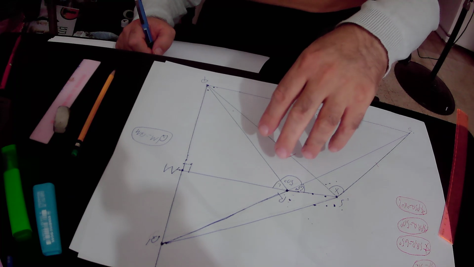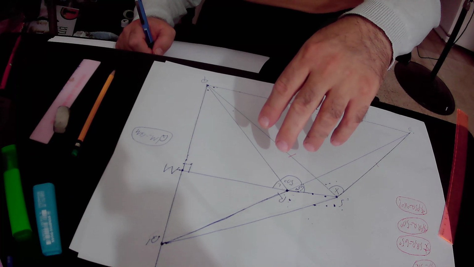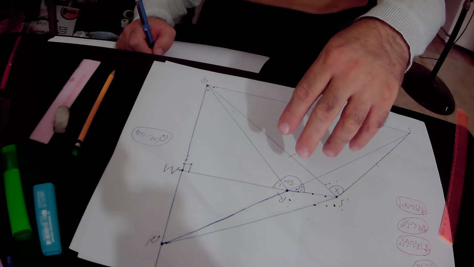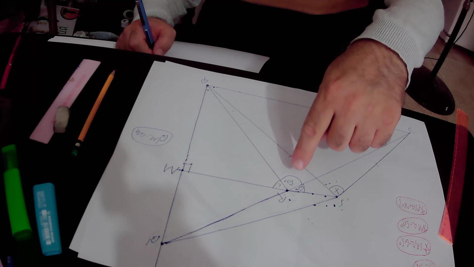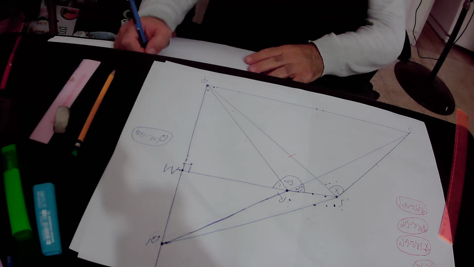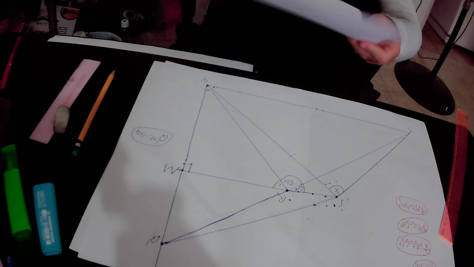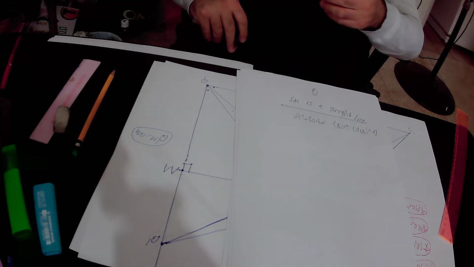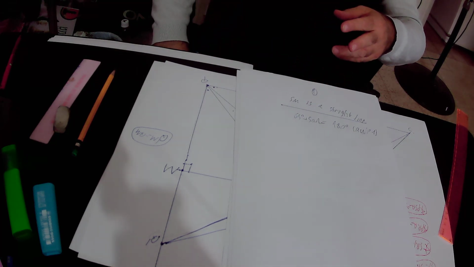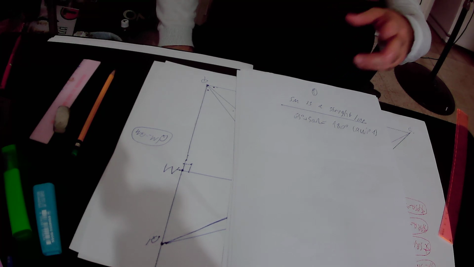So the sum of the angles on the bottom side of the straight line SM at point R must be equal to 180 degrees. So this equality is true according to rule number 1.